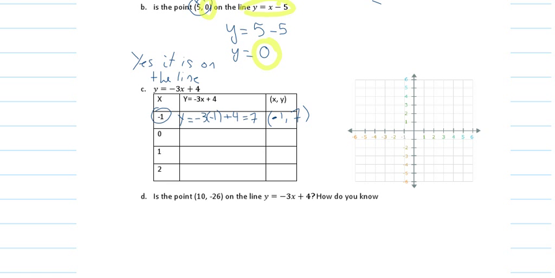What would I do for the second one? So y equals -3 times 0 plus 4. What's -3 times 0? 0. Add 4. So that's 4. So my point is (0, 4).